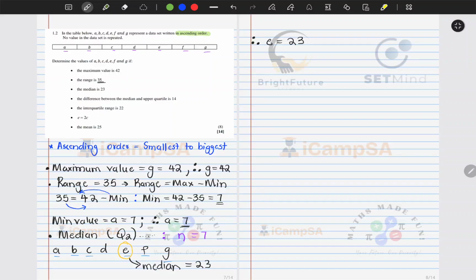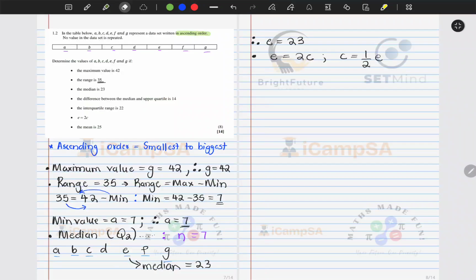Then they tell us something else. We are told that E is 2 times C. Okay, so we can easily deal with that. We are also told that E equals 2 times C. So if we're looking for C, then C will be half of E. Okay, so my apologies.